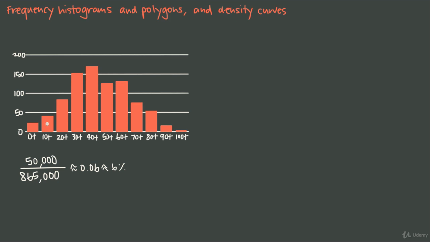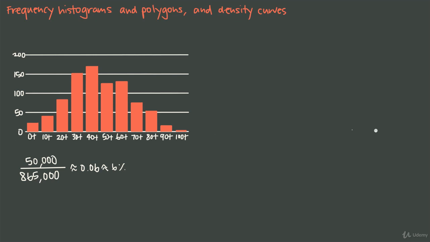And what we would do is we would go through for each bar and perform that same calculation. So for example, the 30 to 39-year-olds, there's about 150,000 of them. So we'd take 150,000 divided by 865,000, and we would get a percentage just like we did for the 80 to 89-year-olds.